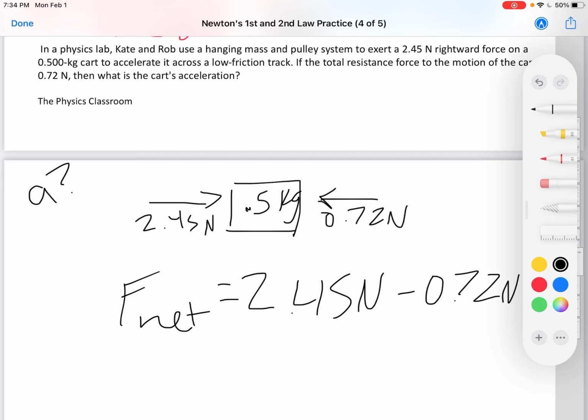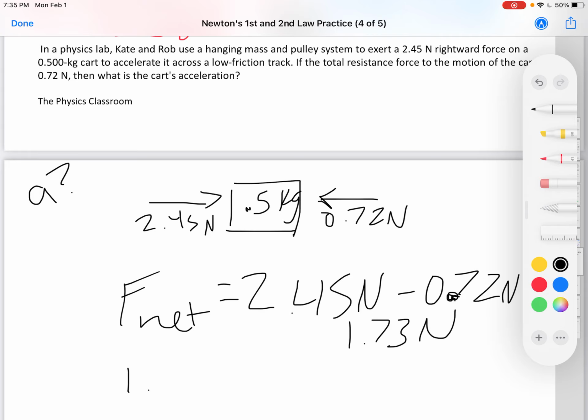So 2.45 newtons minus 0.72 newtons. Okay, so that's our net force.